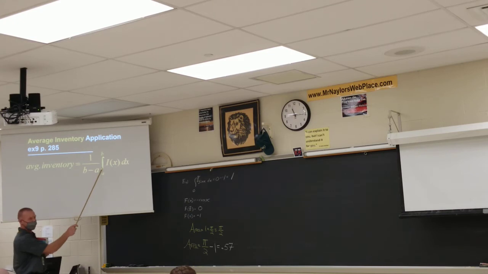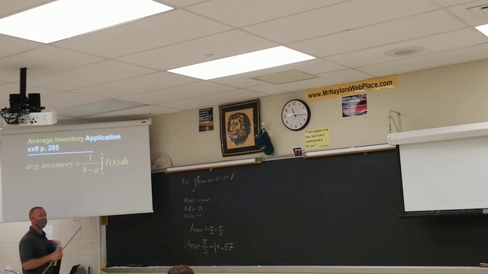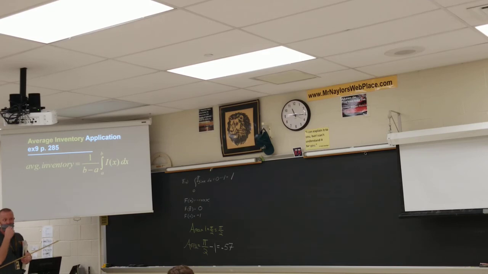When you do an integral of a function, yes, you find the area under it, but you're going to learn that what you also find is like the total amount under it. You find like the total amount of distance traveled, or in this case, we find the total amount of inventory, of basically stuff in the warehouse.